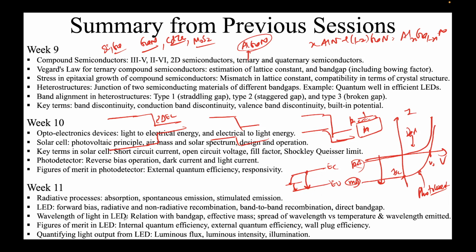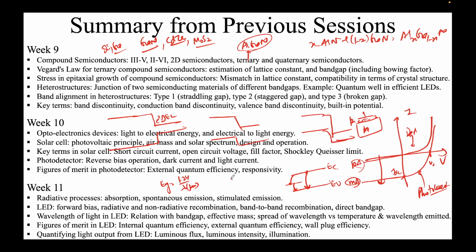And we have seen Eg equal to 1.24 over lambda, where lambda is in micrometers. But you saw there is a slight deviation from that, because remember, these are the quantum levels we are talking about. So the actual wavelength emitted is slightly higher than that, and that depends on the effective mass. And this wavelength is not monochromatic. That is, you will not get exactly this wavelength, but rather a spread.